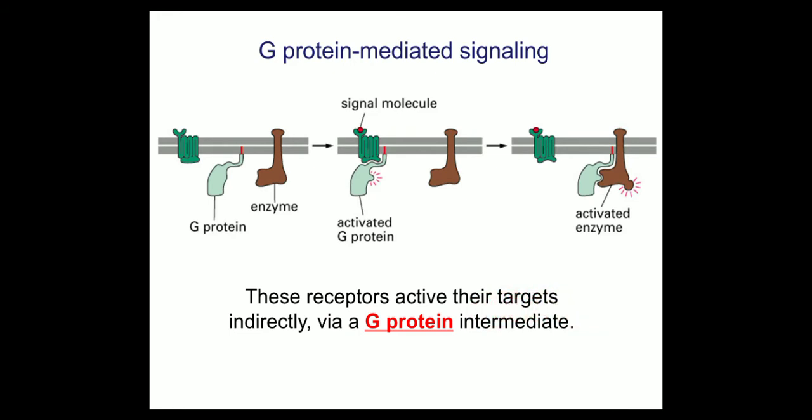Here you can see in the diagram the G protein binds with the enzyme and activates the enzyme. At first the G protein gets activated whenever any signaling molecule binds with this GPCR, which is embedded in the membrane. Then this activated G protein activates the enzyme, and further downstream processes take place. We will discuss that later also.